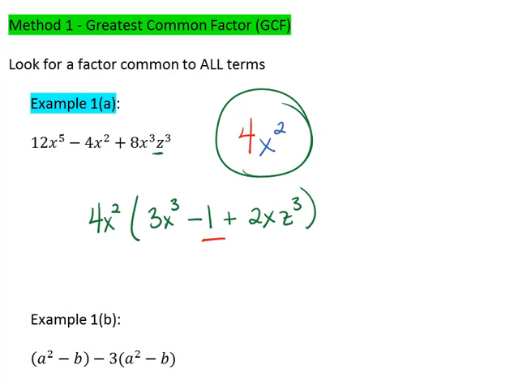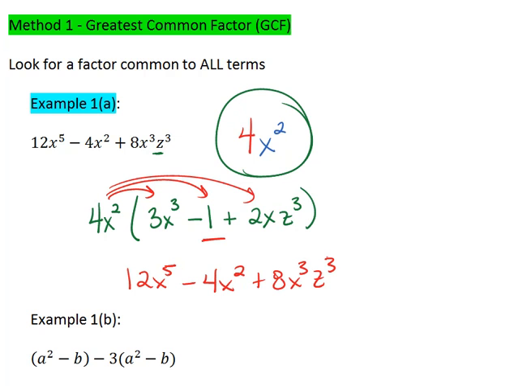And the way we check this is we multiply back through. Once we distribute the 4x squared, we find we have 12x to the 5th minus 4x squared plus 8x cubed z cubed, which is the same as the polynomial we started with. So here is our final answer.